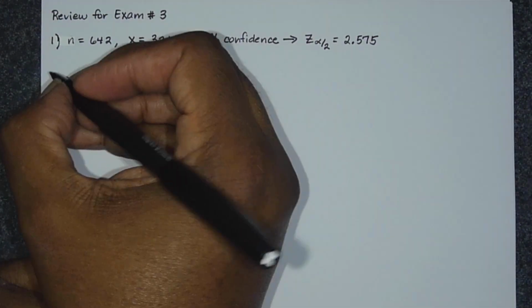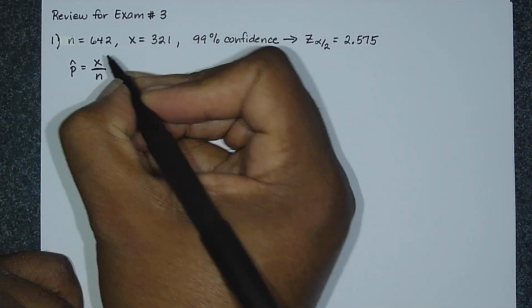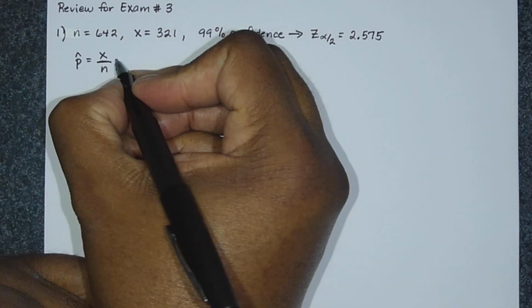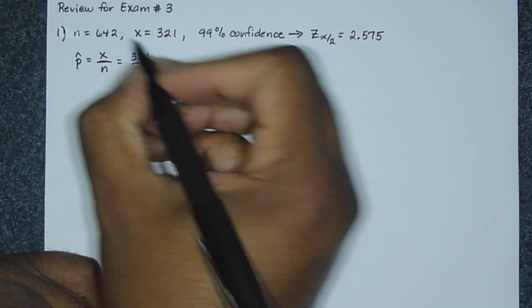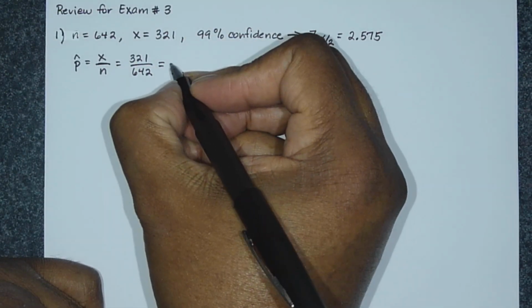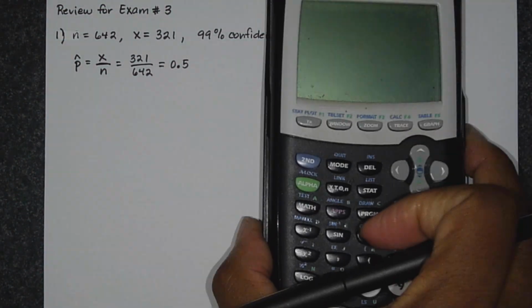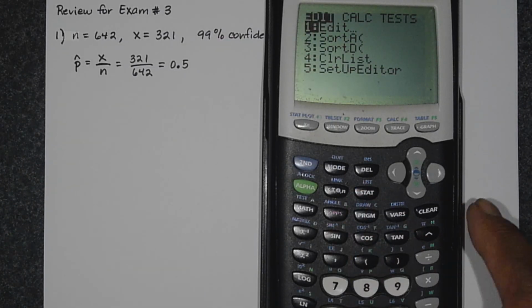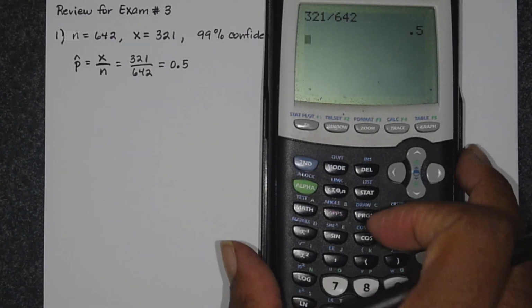Now, what we need is p hat, which is, of course, x divided by n. Because we know what x is, we know what n is. So if we do 321 divided by 642 in the calculator, what will we get? 1/2, or 0.5.